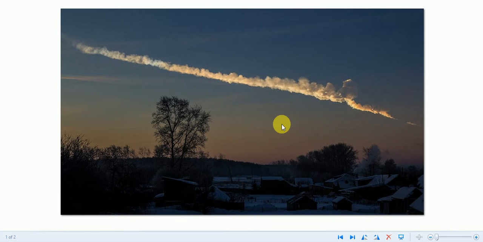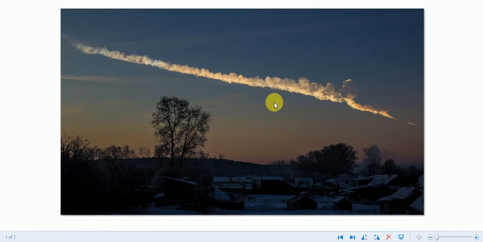And when these lumps of rocks known as meteoroids happen to enter the Earth's atmosphere, they burn due to friction with the air, and it appears like this.